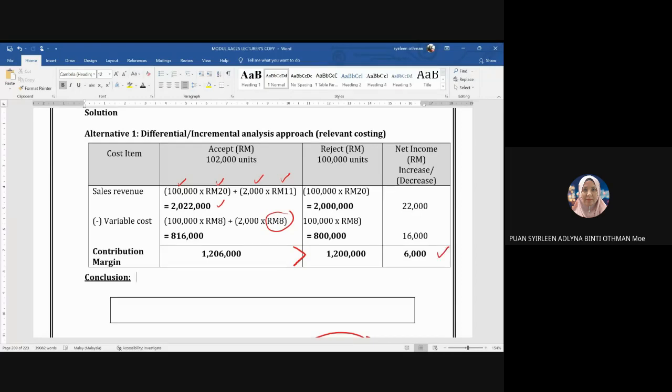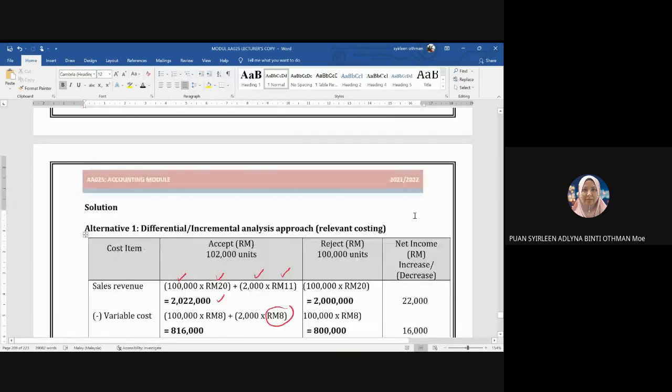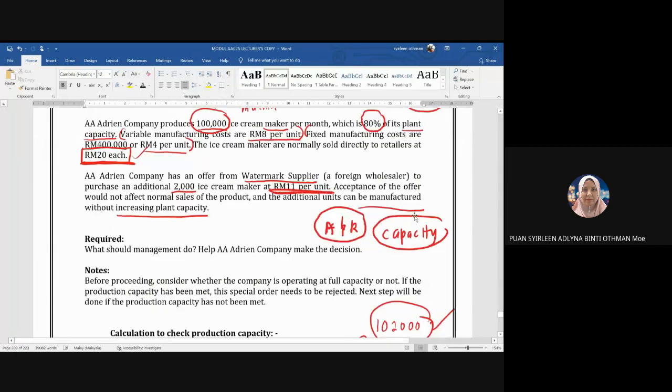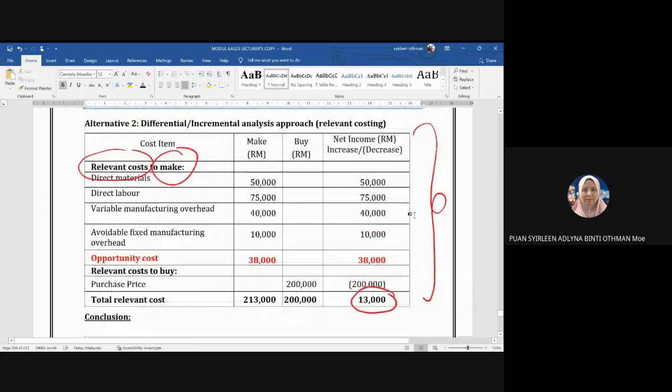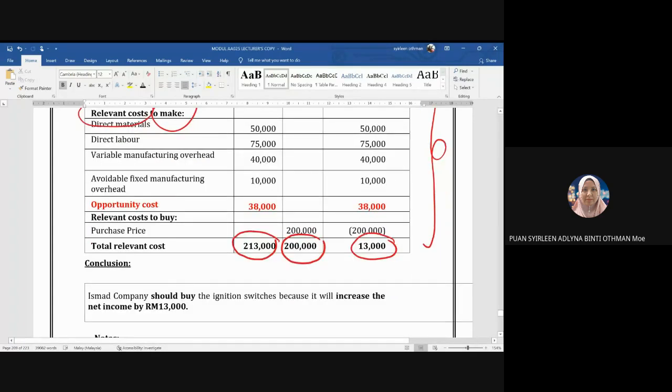Okay, so ini situasi berbeza dengan make ya. Situasi yang sangat berbeza dengan make. Kamu kena faham dekat make and buy tadi, awak kira cost. Contohnya, I go back to the first table. Okay, kamu tengok ni, make 213,000, buy 200,000. Tapi decision saya buy.